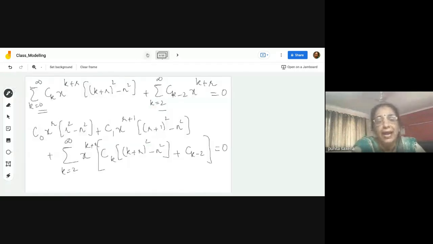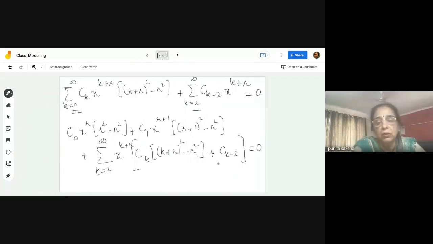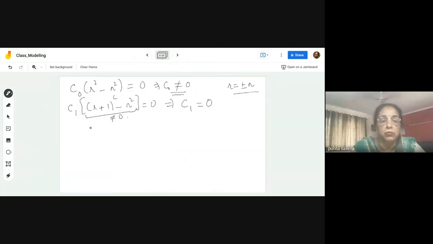Okay. And from the last term on the left hand side, we are going to get our recurrence relation, which will give us that ck is actually minus ck minus 2 upon (k plus r) whole square minus n square.